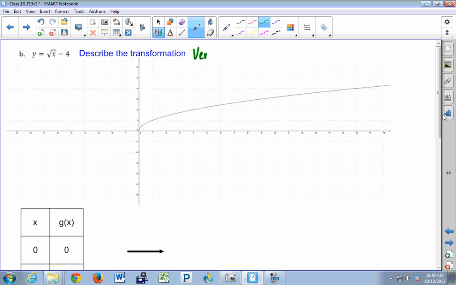So my description is a vertical shift of the graph of g. That's my original parent function. It's a vertical shift of the graph g down 4 units. So that's how I use my language with my graph.